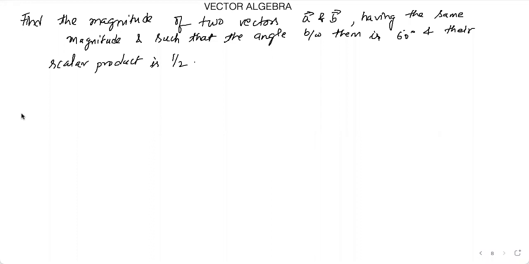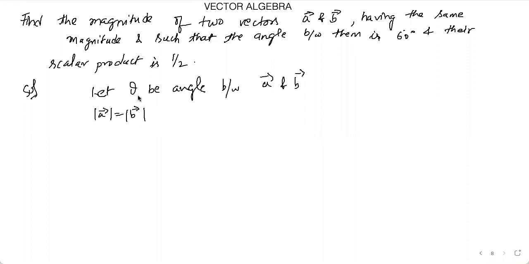So let us solve this. Now here we'll consider theta be the angle between A and B. So first, mod A is equal to mod B, having the same magnitude, and A dot B is equal to 1 by 2, and we have been given theta, which is 60.